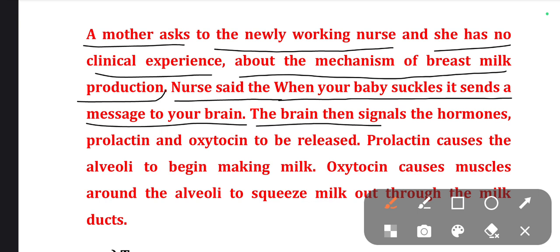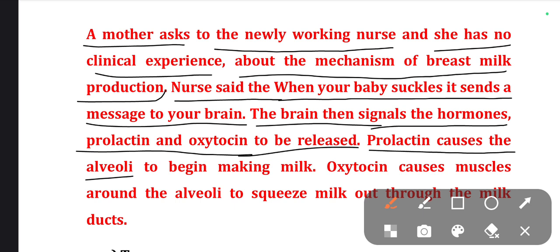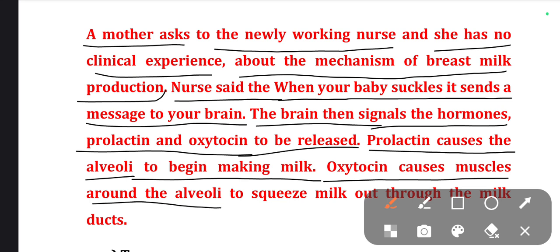The brain then signals the hormones prolactin and oxytocin to be released. Prolactin causes the alveoli to begin making milk. Oxytocin causes muscles around the alveoli to squeeze the milk out through the milk ducts. I hope you all understand the question.